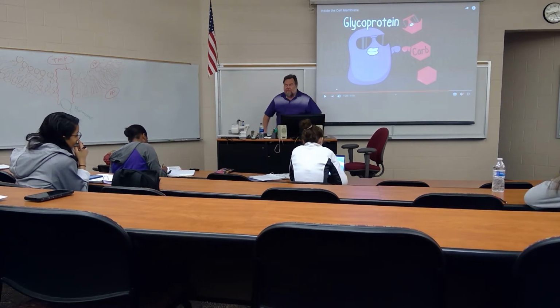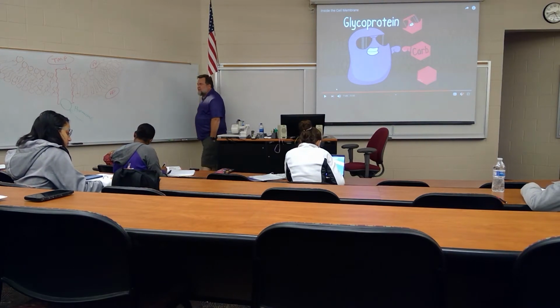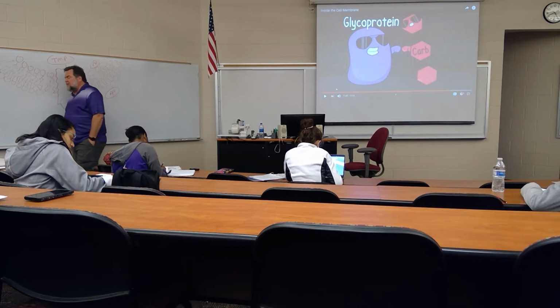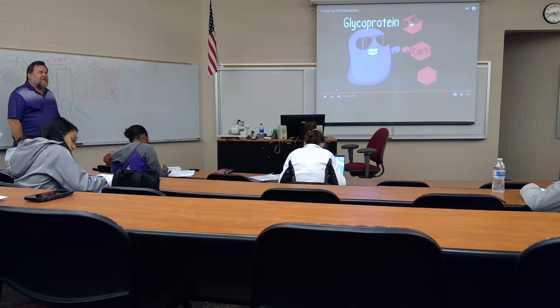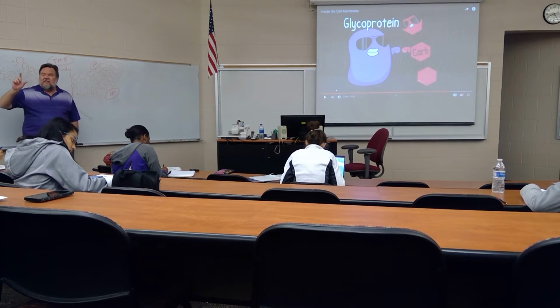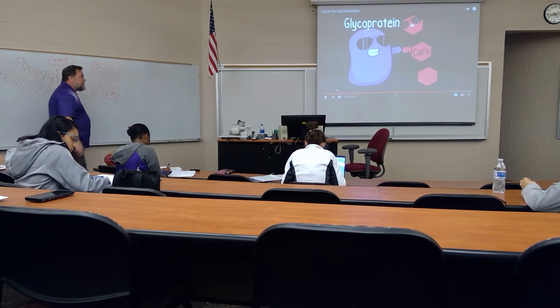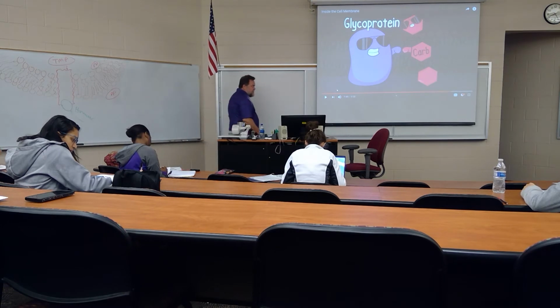Cell-to-cell recognition. Cells have to recognize each other to make sure everybody belongs. Your immune system cells are constantly rolling through your body, checking everybody's ID card. Do you belong here? Do you belong here? Do you belong here? If they find somebody who doesn't belong, they kill them. The cell can do that with these proteins.